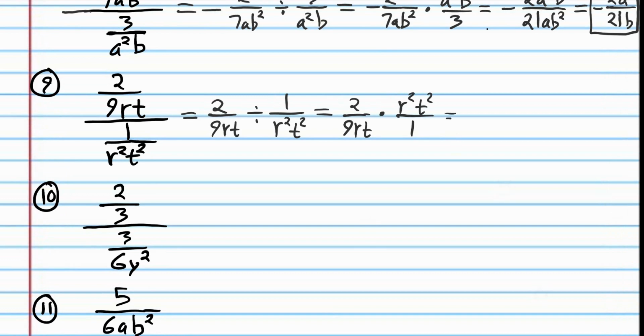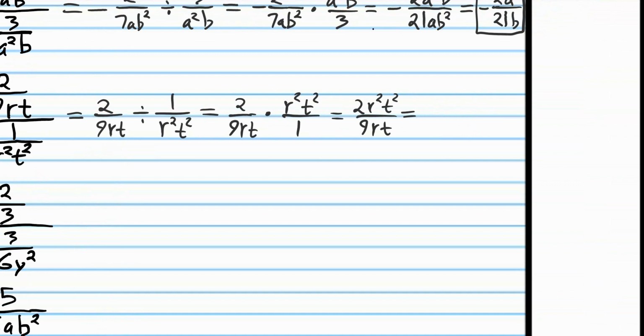And multiply straight across. And we're left with 2RT over 9.